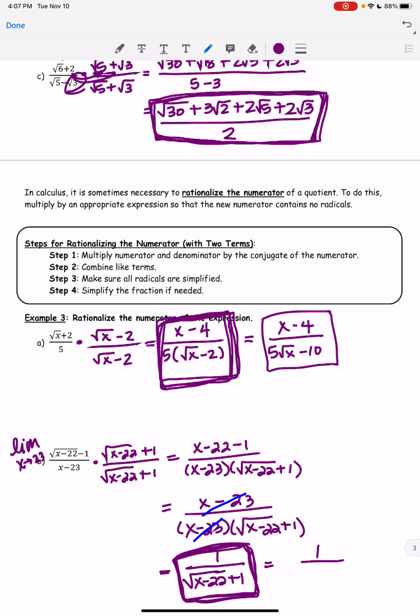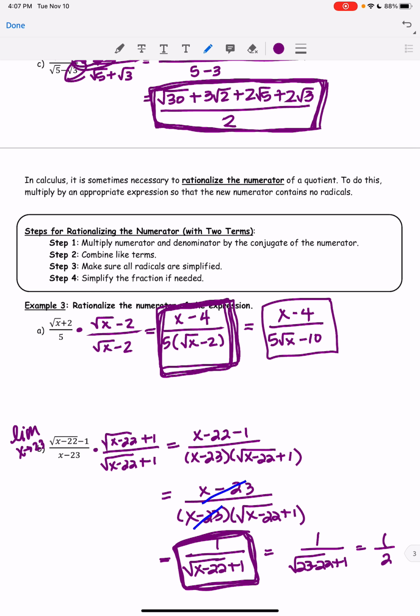So now we would have 1 over the square root of 23 minus 22 plus 1. 23 minus 22 is 1. Square root 1 is 1. And so my limit here would be 1/2. Okay, so that's how you're going to use this in calculus.